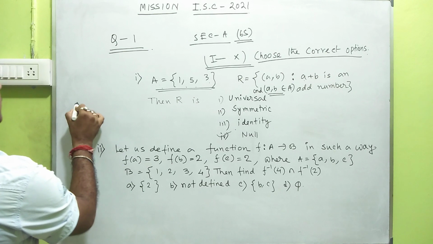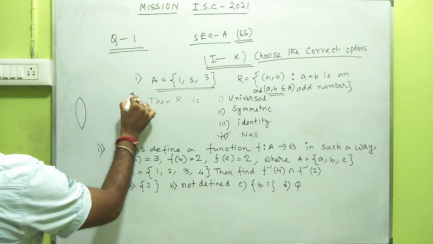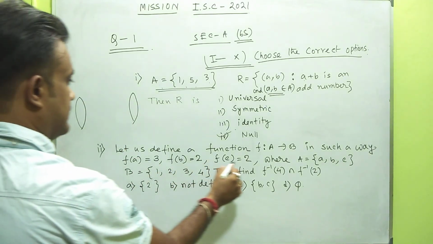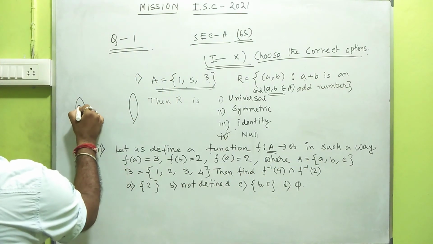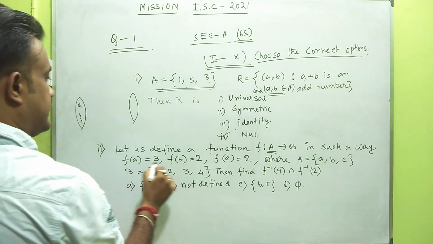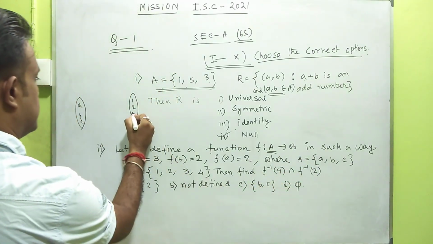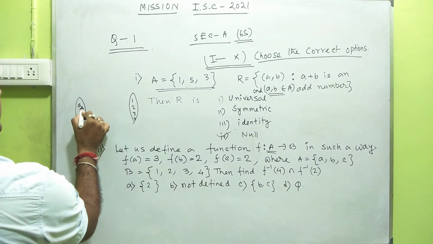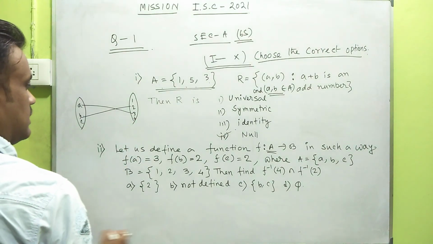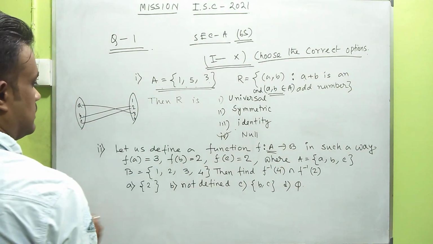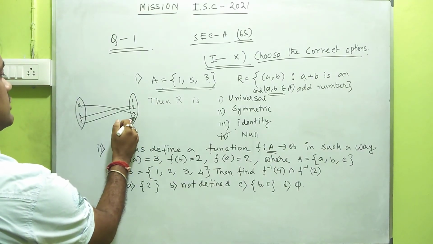So first we draw a diagram of the function. A is {a, b, c} and B is {1, 2, 3, 4}. f of a is equal to 3, f of b is equal to 2, f of c is equal to 2, and there is no preimage of 4.